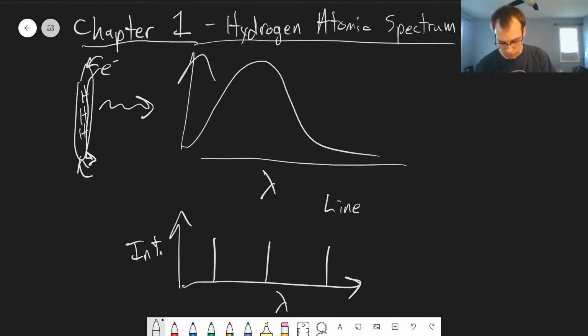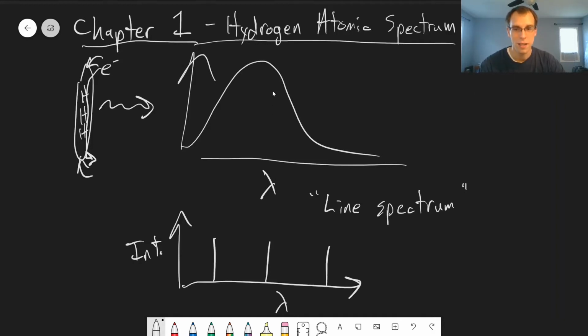This is what we call a line spectrum. Hydrogen only emits light at very specific frequencies. This was observed in the 1800s, but there wasn't a lot of explanation as to why it occurred this way. It was obvious that there was some sort of pattern present, but it wasn't clear what the pattern was or how to explain it.